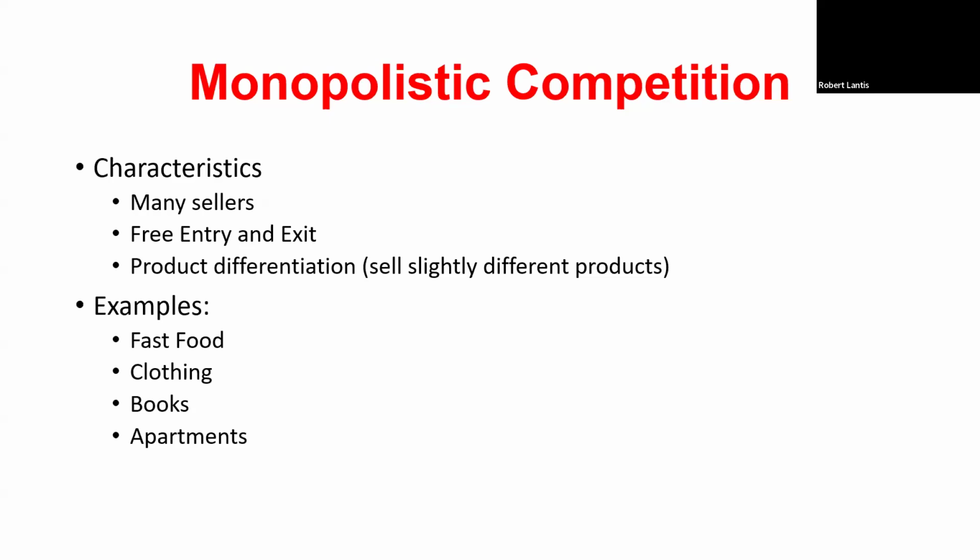The key difference is that in these monopolistically competitive markets we're not going to have a homogeneous or identical product, but a differentiated product. Some examples: I think of fast food hamburgers as all the same, but what do they try to convince you? McDonald's tries to convince you that their hamburger is a little bit different.